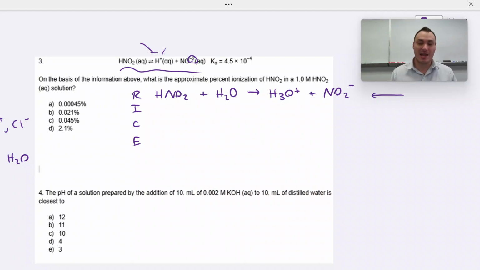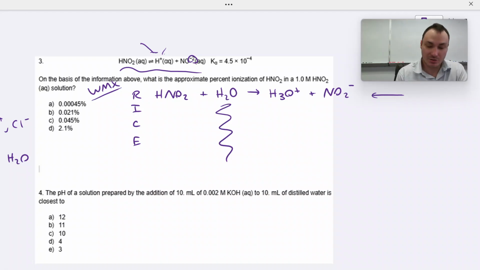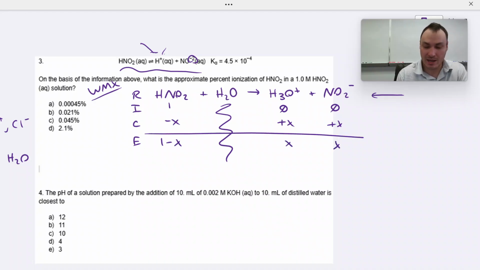And the reason I did that is just to show this version of a RICE table. So we're plugging in concentrations here. The concentration of HNO2 at the start is 1. We have 0 of these. We're going to go minus x, plus x, so we get 1 minus x, and x when we add the I and the C together.